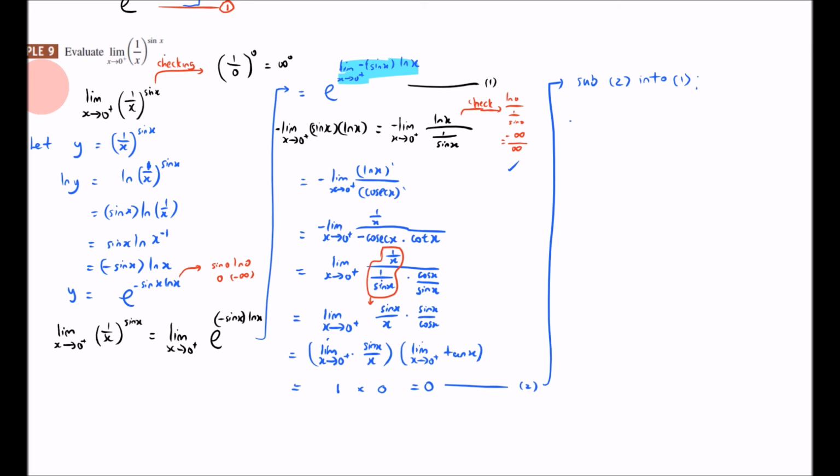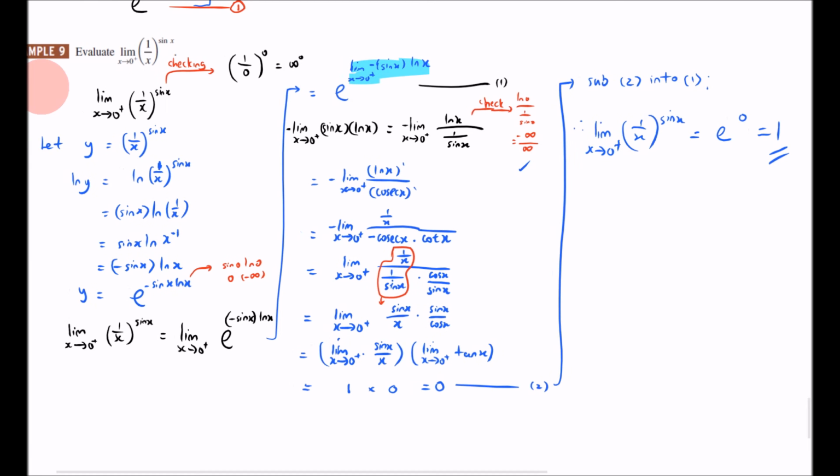So we say therefore limit x approaches 0 plus of 1 over x power sine x must be equal to e power 0, right? Which is 1. Okay, so this is our solution for this question.